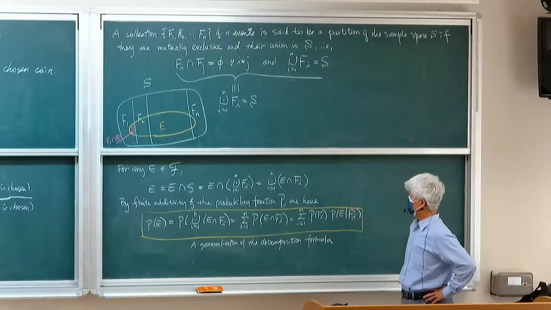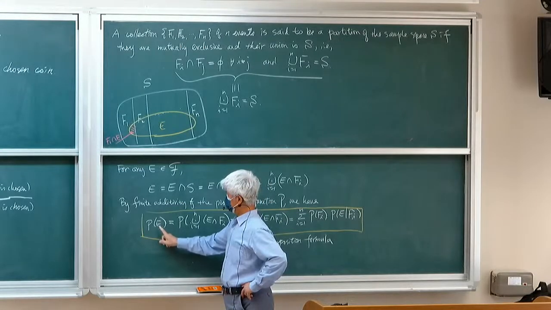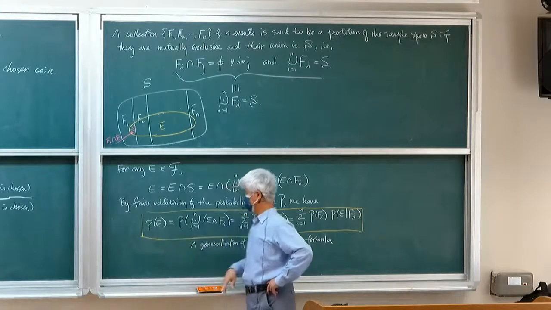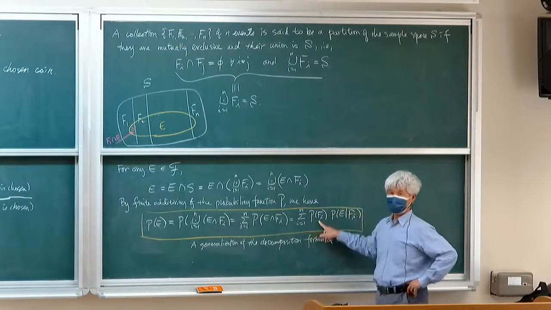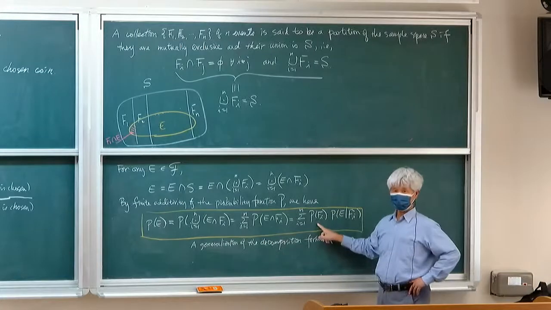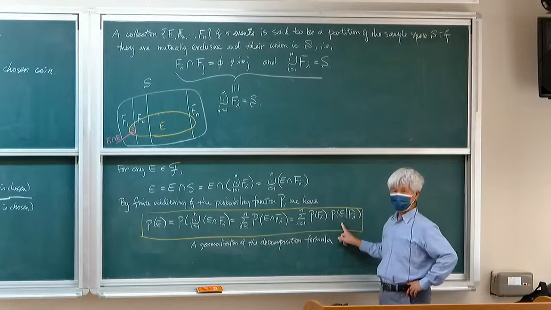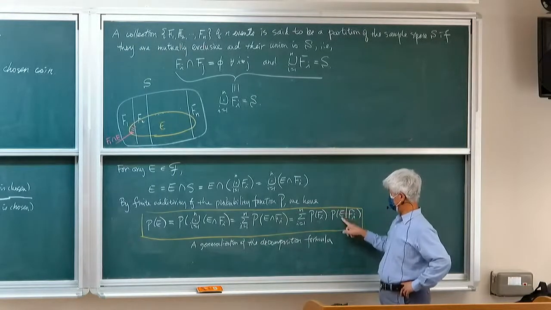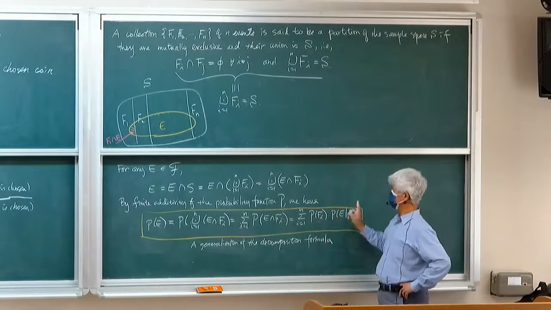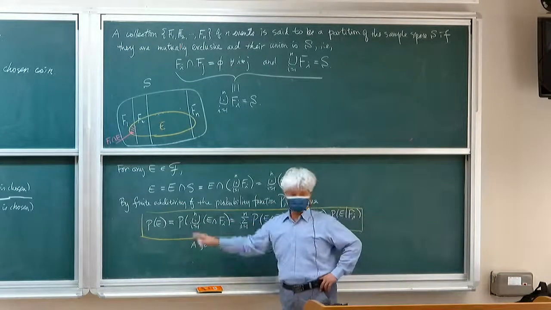All right, so if the probability of an event E is hard to compute, but the probabilities of the events Fi in the partition are much easier to compute, as well as the conditional probability of event E given event F sub i for each i, then we can apply the decomposition formula to compute the P of E.